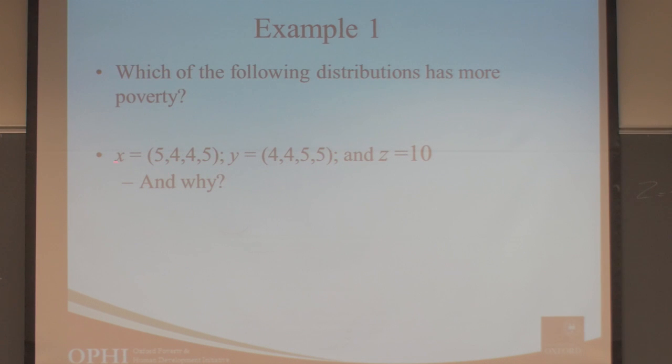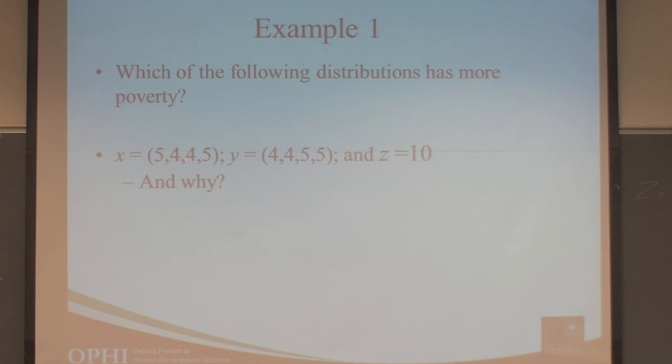Suppose you have these two distributions. You have two societies, X and another society, Y. Somehow you rank your data set by alphabetical order of the names. In society X, you get $5, $4, $4, $5.